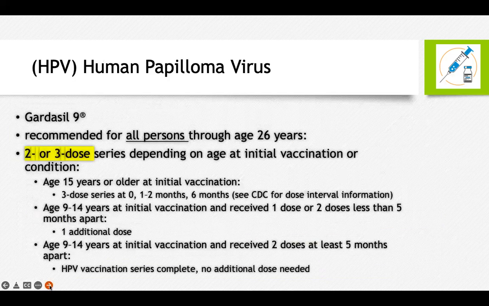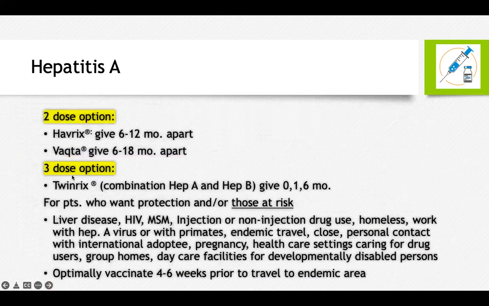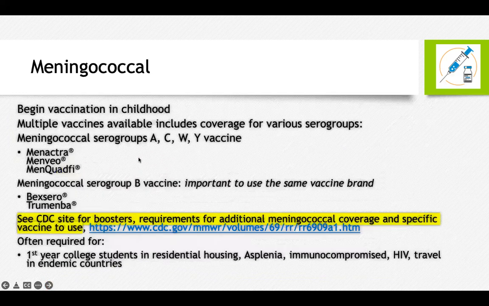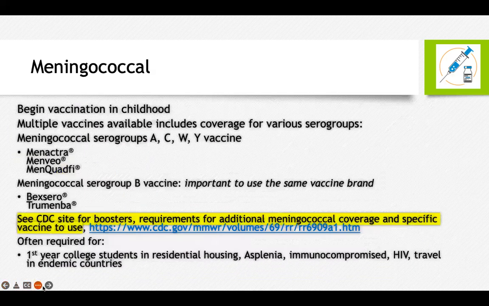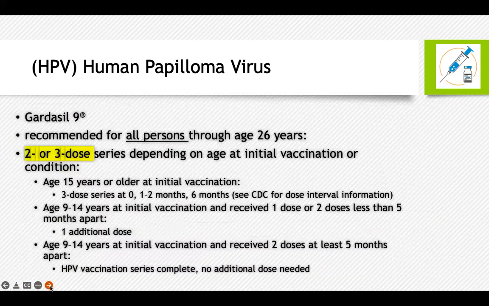All right, so HPV virus, it's called Gardasil 9. It's recommended for all persons through the age of 26 years. It's a 2 to 3 dose series depending on the age at initial vaccination or condition. Usually, they want you to get this by the age of 15, and it's a 3-dose series.